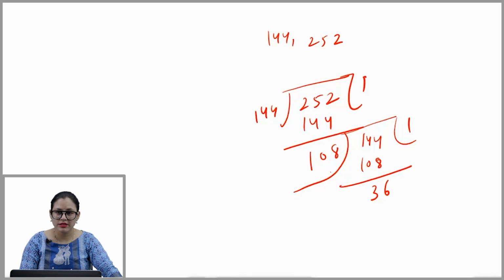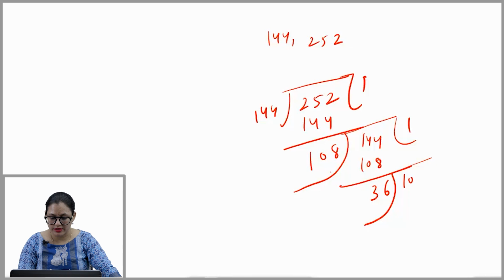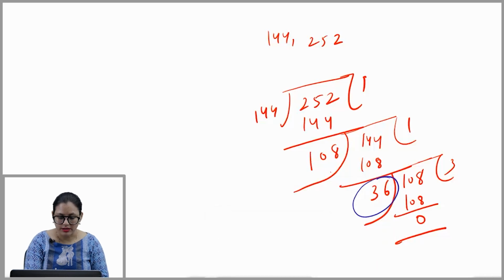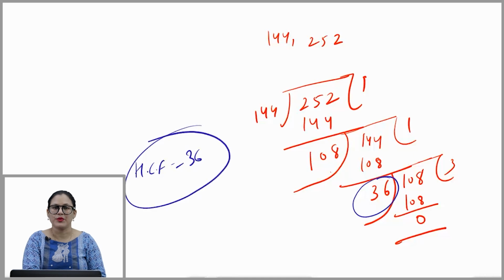Remainder, you have to make divisor and the original divisor you have to make the dividend. And then 36 3s are 108. Now the remainder is 0. So, which is the last divisor? 36. Hence, 36 is the HCF, right?